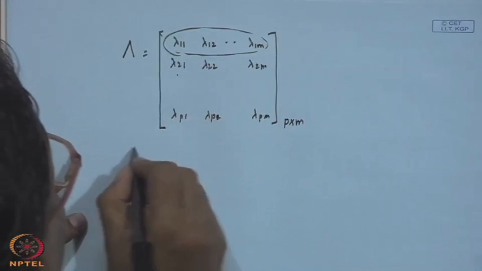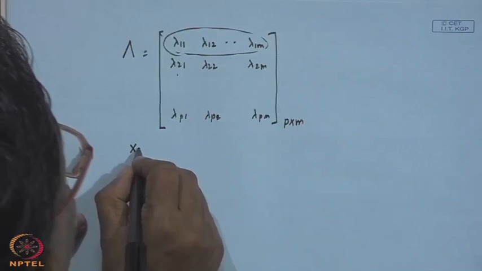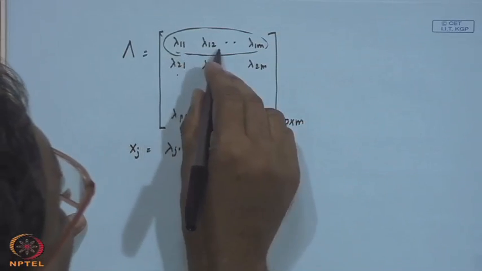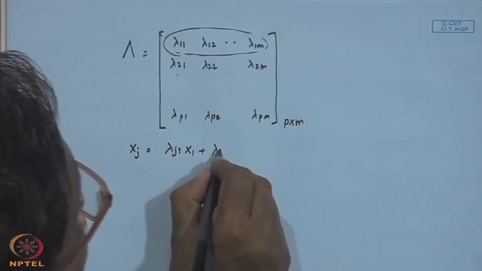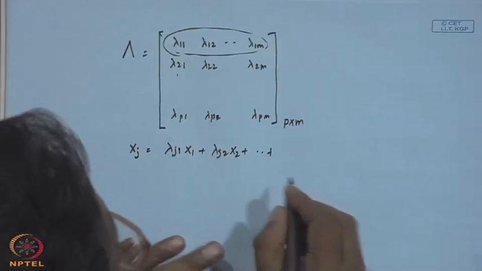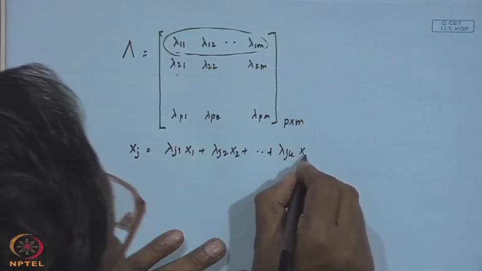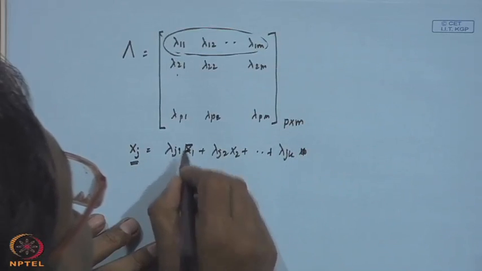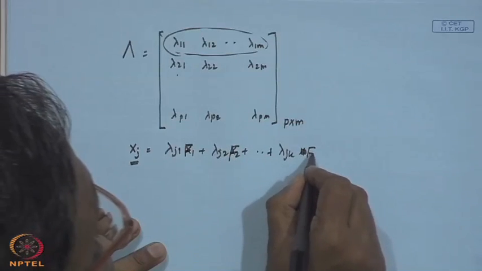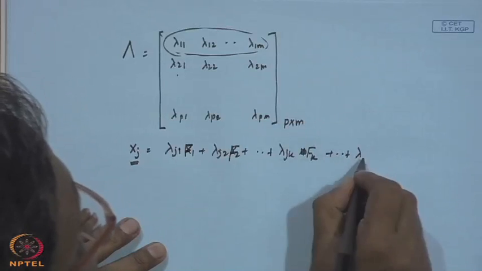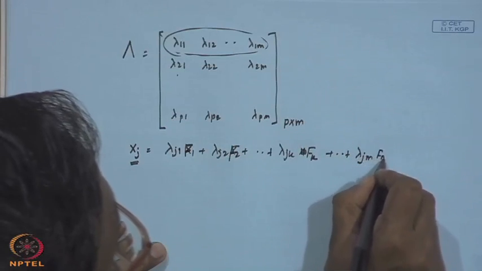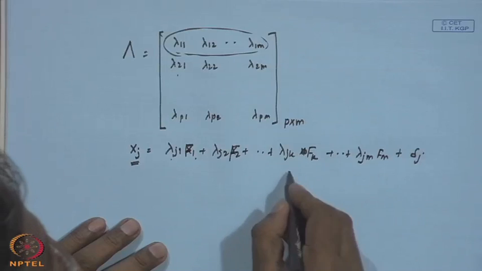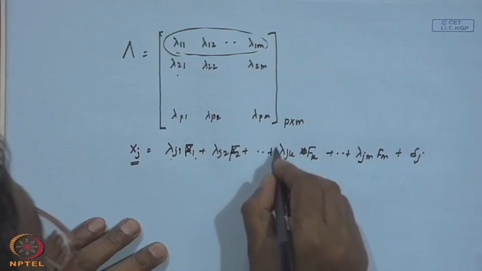So, if you take a general formula like xj, what we have written: lambda j1 f1, lambda j2 f2, like this. Lambda jk, your xj equals lambda j1 f1, lambda j2 f2, lambda jk fk, similarly lambda jm fm plus delta j. This is the original equation we have. So, see what is happening here. This general one is lambda jk.